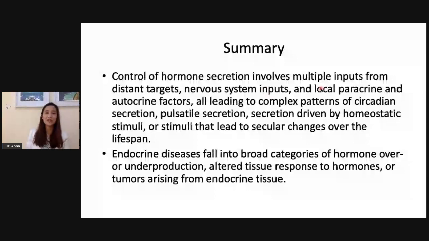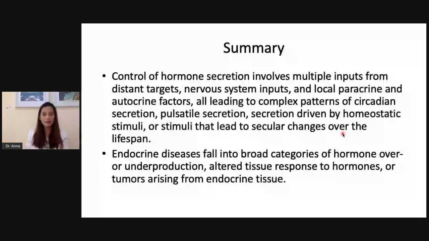And control of hormone secretion, as we discussed earlier, involves multiple inputs from distant targets, from the nervous system through your neuroendocrine system, and local paracrine and autocrine factors, all leading to complex patterns of circadian and pulsatile secretion driven by homeostatic stimuli or stimuli that lead to secular changes over the lifespan, whether you are a neonate, an infant, in early childhood, puberty, adulthood, or even in the elderly population.